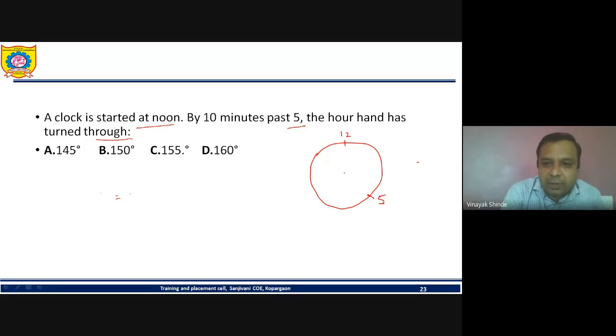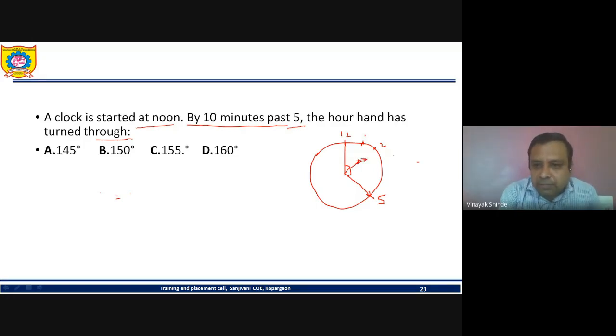You need to find the angle between these. But it is mentioned 10 minutes past 5, means after 5 o'clock, 10 minutes have passed.